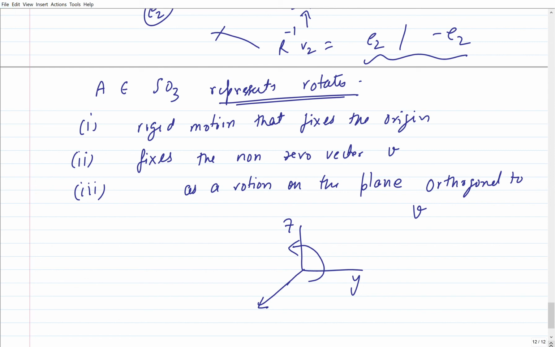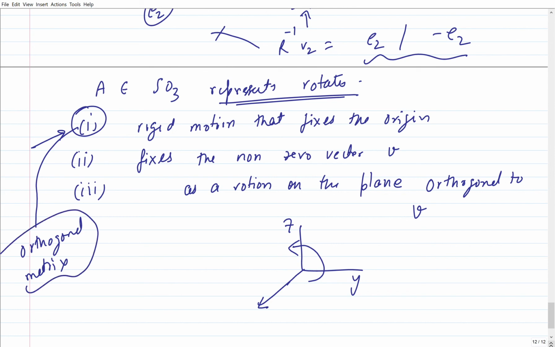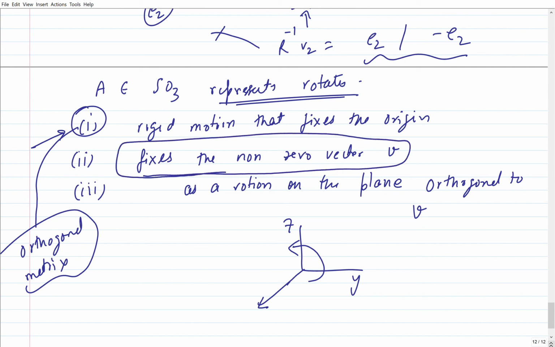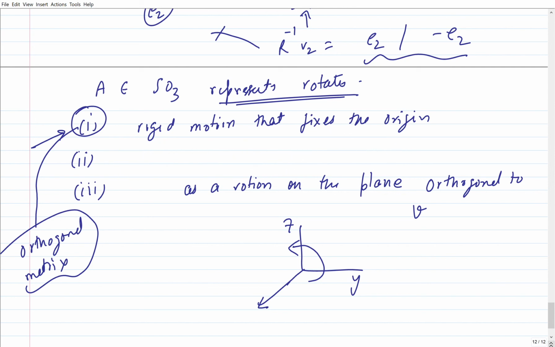Well, the first condition we've already shown; this was equivalent to A being an orthogonal matrix. So there's a connection over here. Now, how do we make sure that this sort of a matrix fixes an eigenvector?